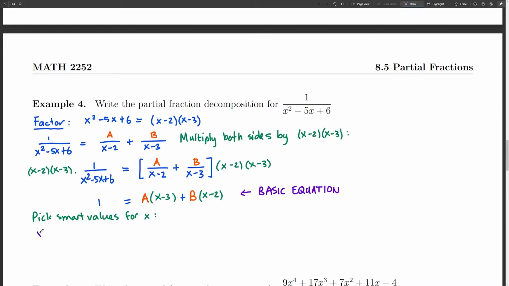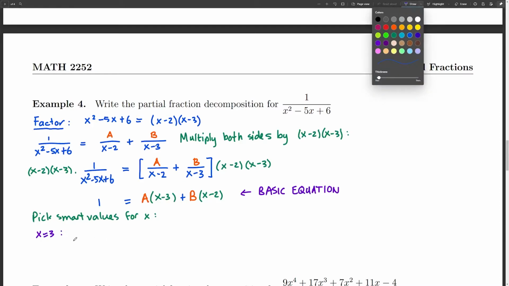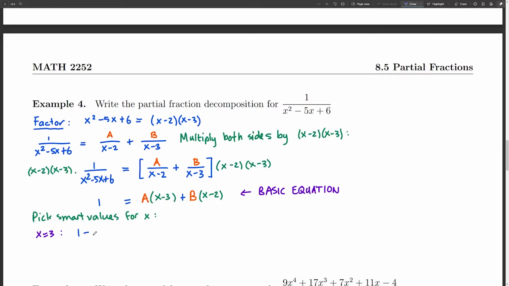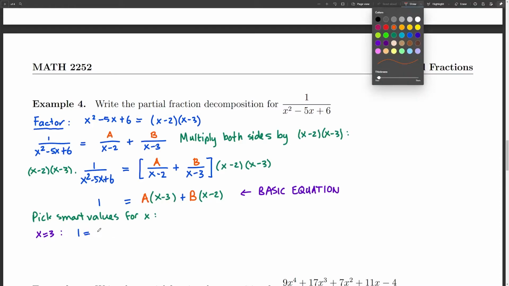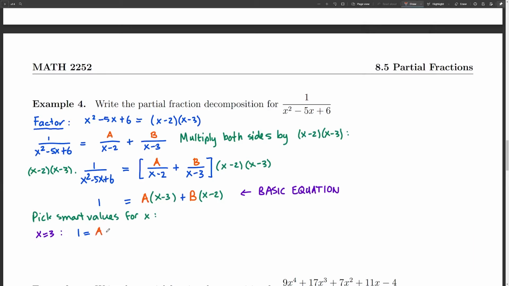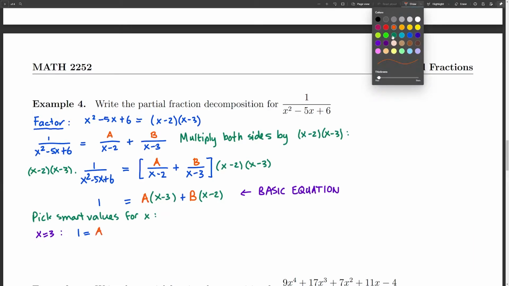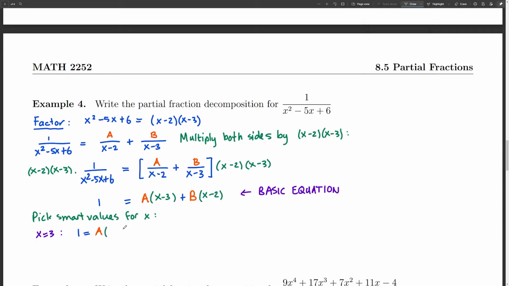So we're picking x equals 3 and plugging that into our basic equation. So we get 1 equals a times 3 minus 3, and then plus b times 3 minus 2.